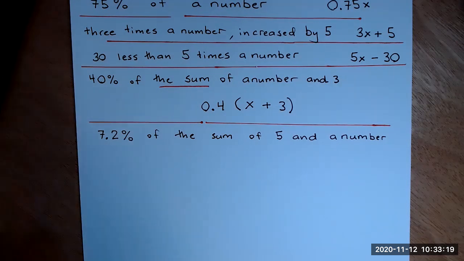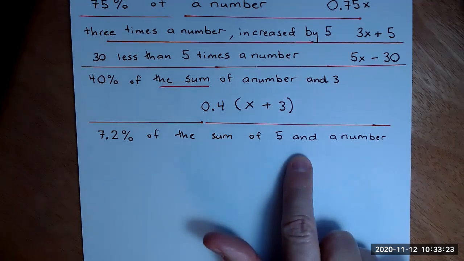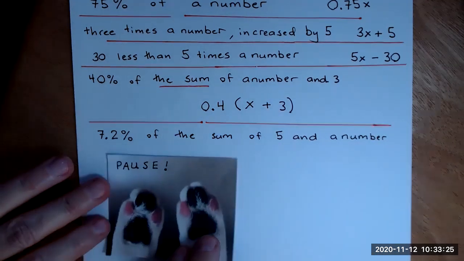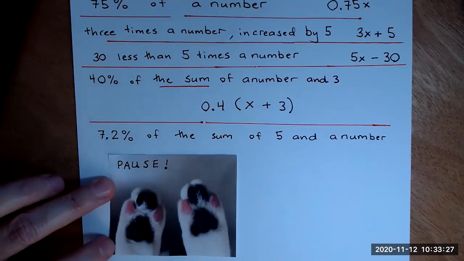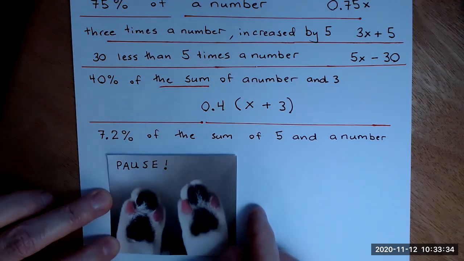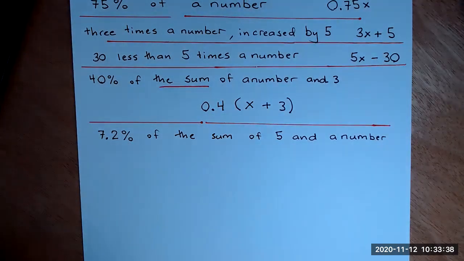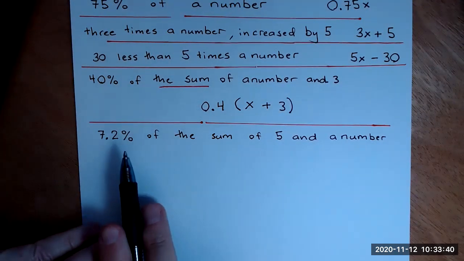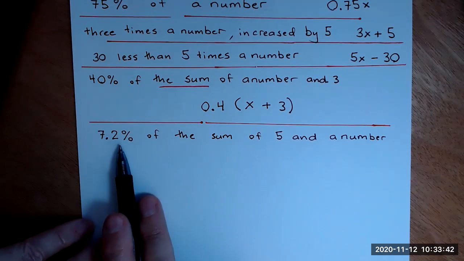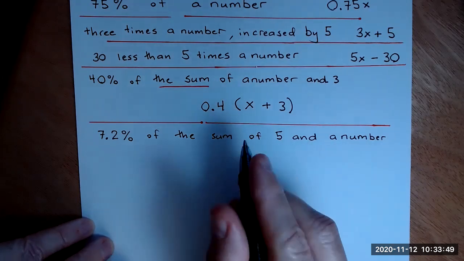All right, let's write 7.2% of the sum of 5 and a number. And I would hit pause and try this one on your own. All right, now that you've tried it, let's go over the answer. So it's 7.2% times the result of this addition, 5 and a number.